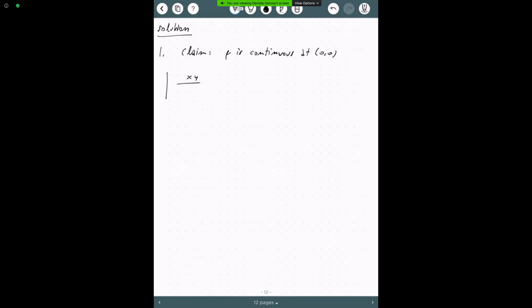Because if you take again the modulus here, this is going to be less or equal than that, and put an absolute value here. And then at the denominator, I put a maximum between x squared and the modulus of y. This is always true, because the maximum between the two guys is clearly less or equal than the sum of them.